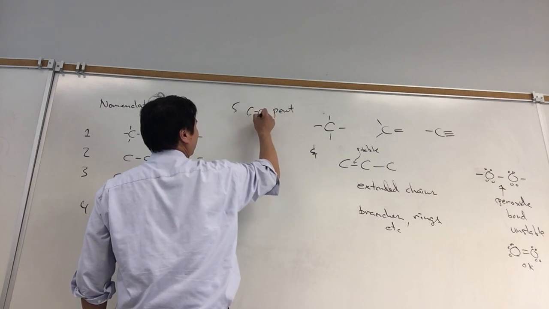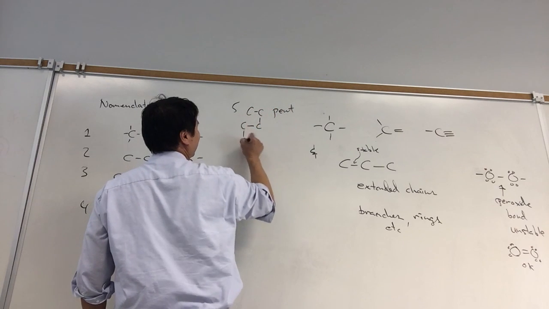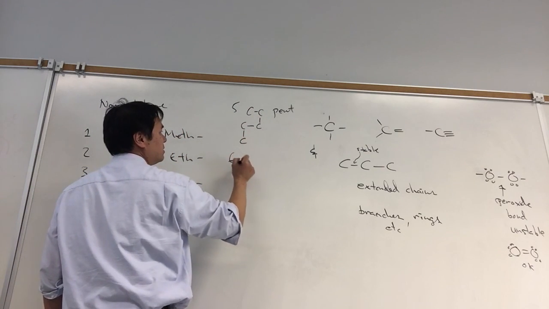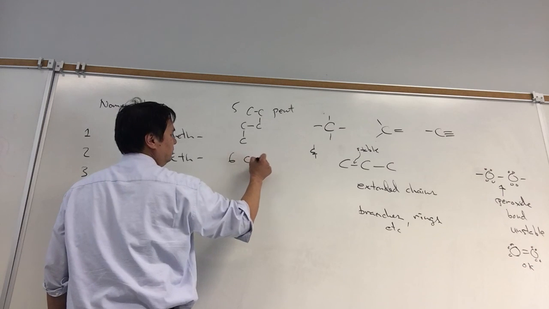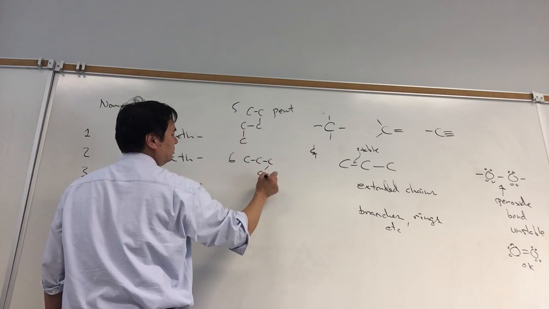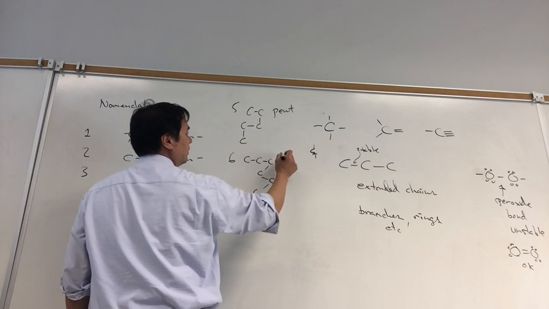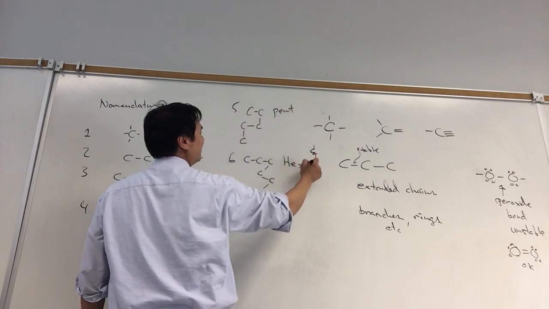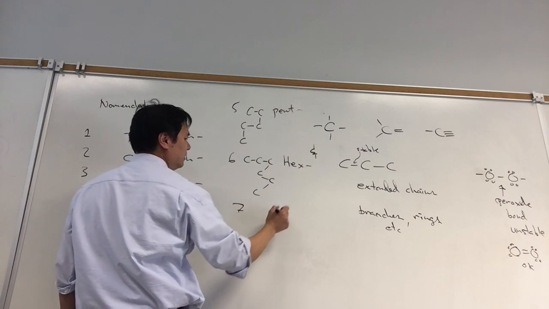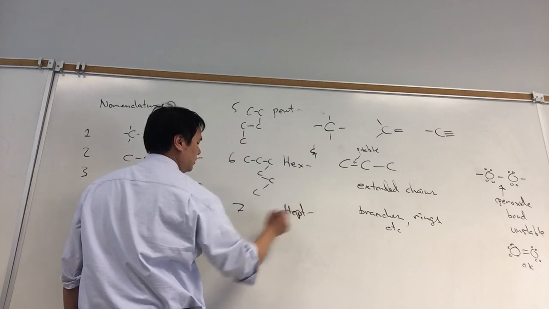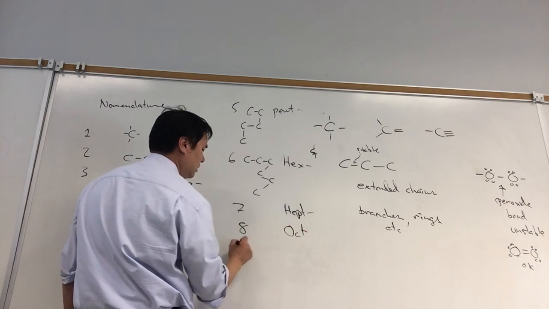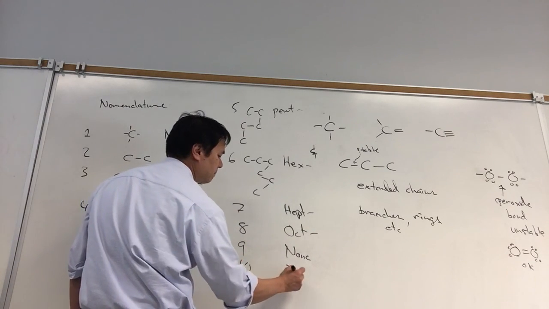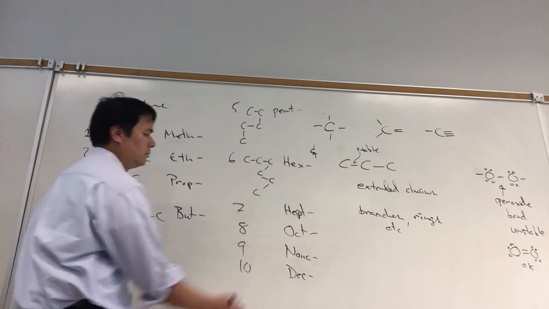So it can go like this. Just the longest continuous chain, no matter where it goes. Six, this is hex. Seven is hept. Eight is oct. Nine is non. Ten is dec.